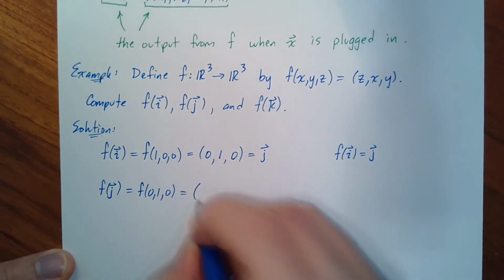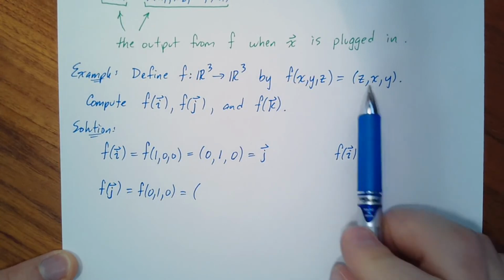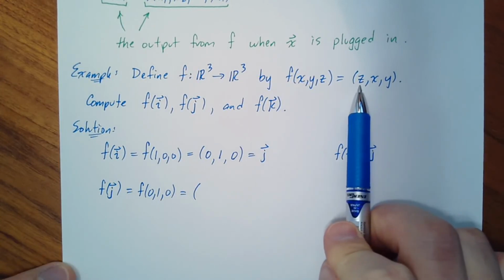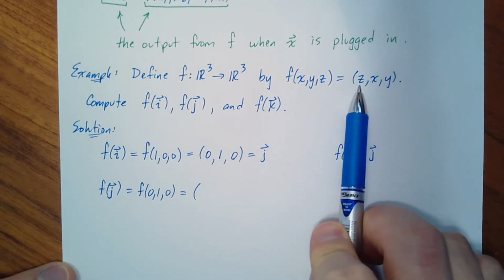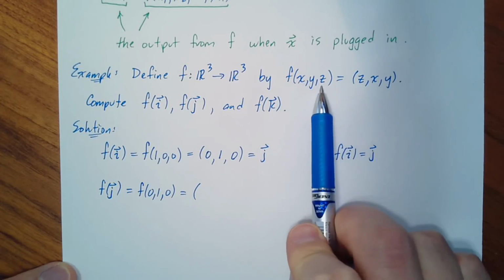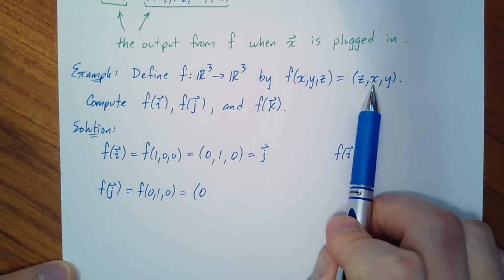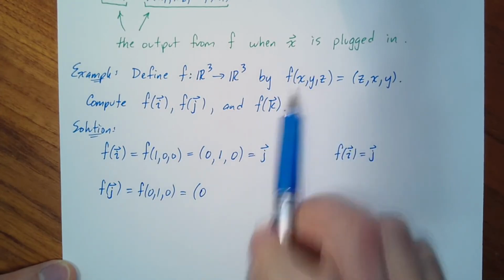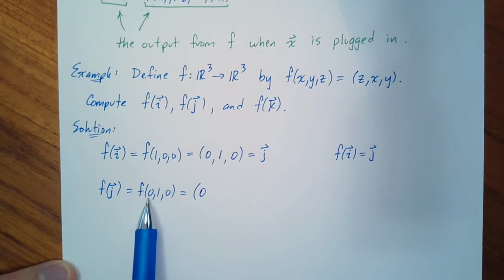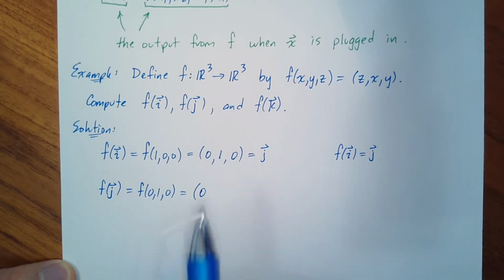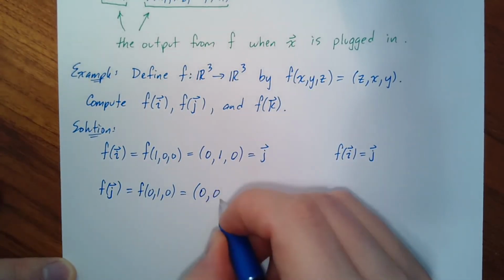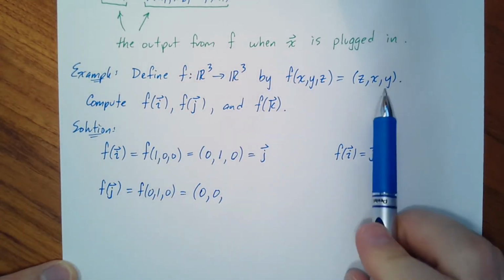We're going to build our output vector one coordinate at a time. First coordinate of the output vector is the third coordinate of the input vector. So take that third coordinate from here and put that as your first coordinate. Then the next one is x, which was the first coordinate of our input vector. So here we're going to put the 0 because this is our first coordinate of the input vector. And then for the third coordinate, just look up here as a guide.